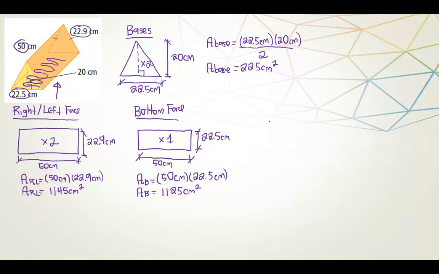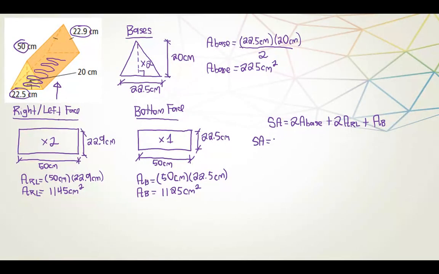To figure out the total surface area, the total surface area would be 2 times the area of one of the bases, plus 2 times the area of one of the left or right side faces, so 2ARL, plus just 1 times the bottom face. Therefore, we can just write down plus AB for the bottom.